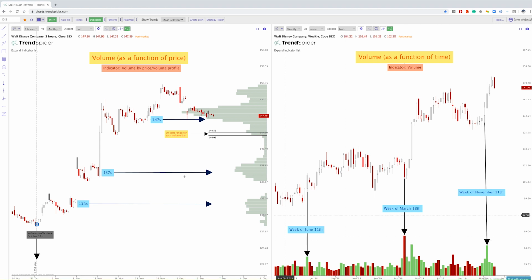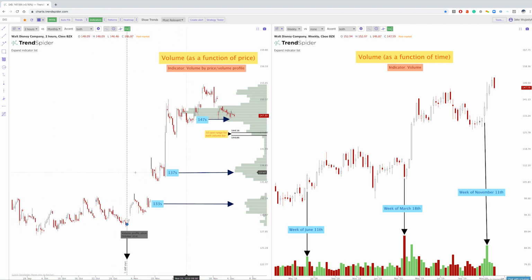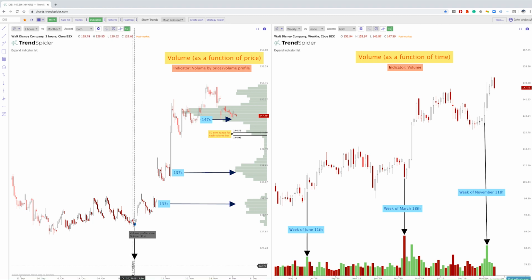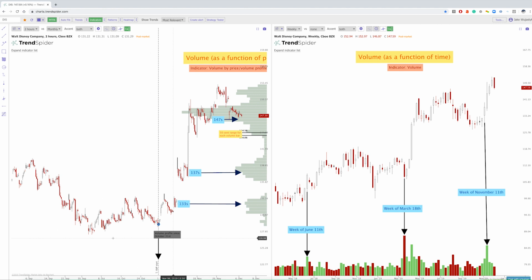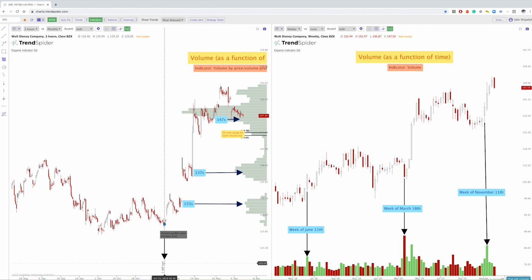The really cool thing that you can do on TrendSpider is the ability to move your volume by price. When we talk about volume as a function of price, the indicator that we're going to be using here is volume by price, or the volume profile, or some people call this the VPVR. You can actually move where you want this point to start.